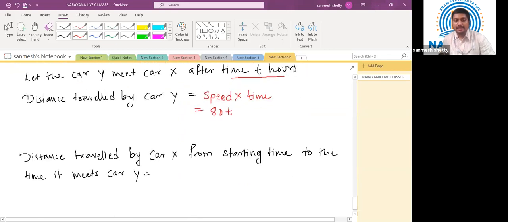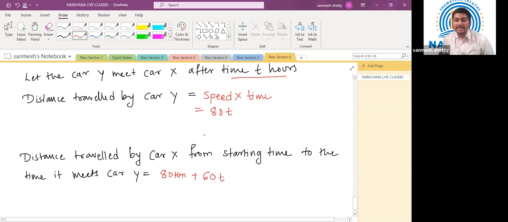Next, the distance traveled by car X from the starting time to the time it meets car Y. Now, before the car Y starts, the car X has already traveled 80 kilometers, plus the distance traveled after that before meeting car Y. So 80 kilometers plus the speed of car X, which is 60 kilometers per hour, into time t.